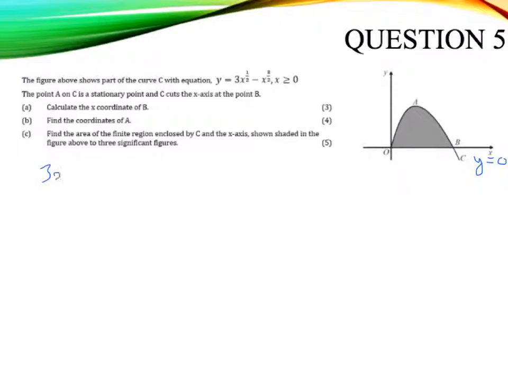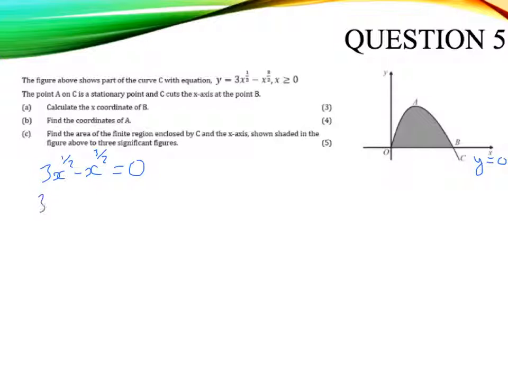So we've got 3x to the power of a half minus x to the power 3 over 2, and I want this to be equal to 0. Right, well, this isn't very nice. It doesn't look particularly nice at all, and we can rearrange this in different ways if you prefer.